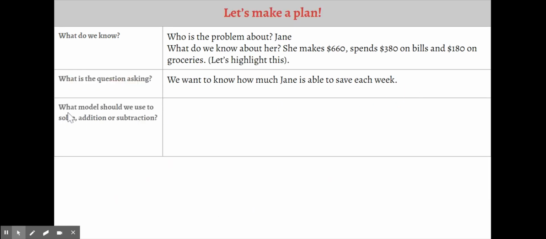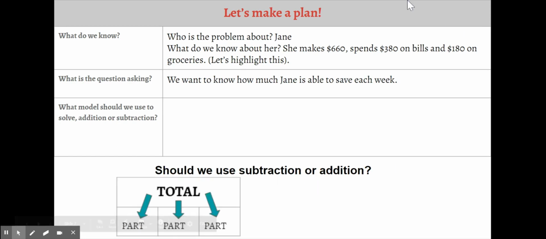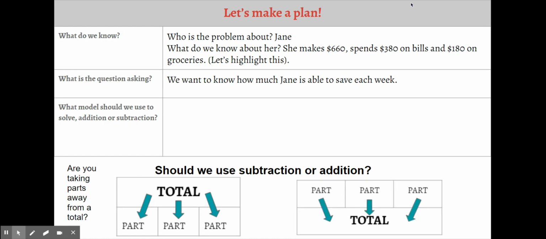Next, we have to find the model that we're going to use to solve for addition or subtraction. So which one should we use? We can either use a total part, which means we would be taking away parts from a total, or are we putting parts together to get a total?